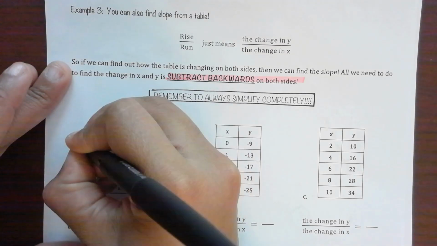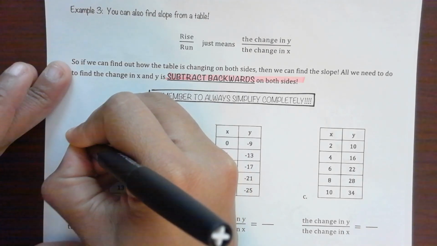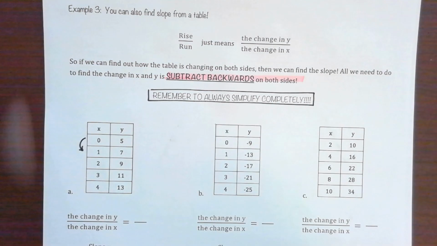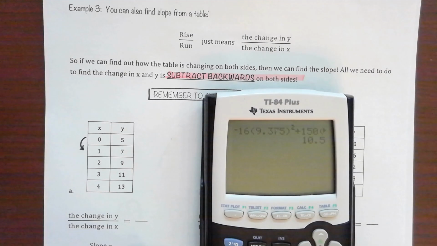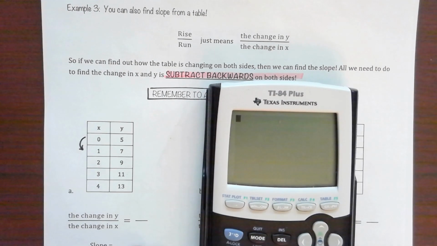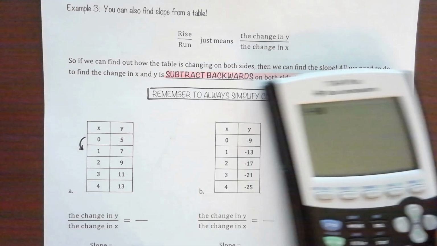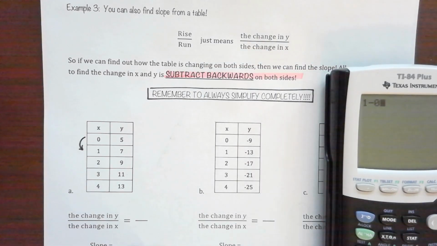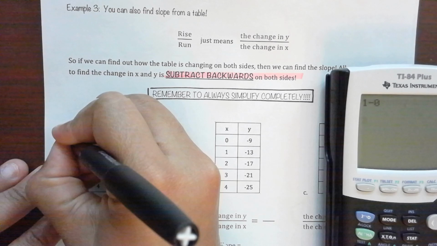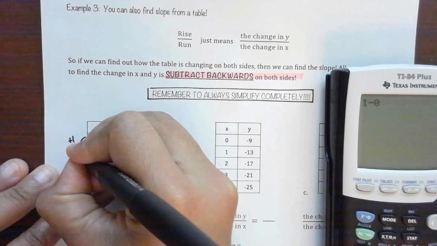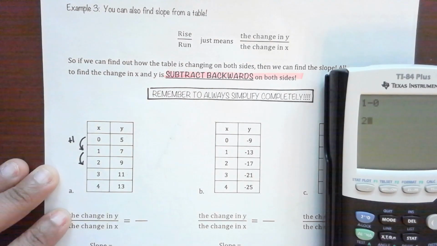My first two values are between 0 and 1. The way I do this is that I take my calculator and I do this piece by piece. I say 1 minus 0. Type that in. What'd you get? So that's going up by 1. Next group, 2 minus 1.